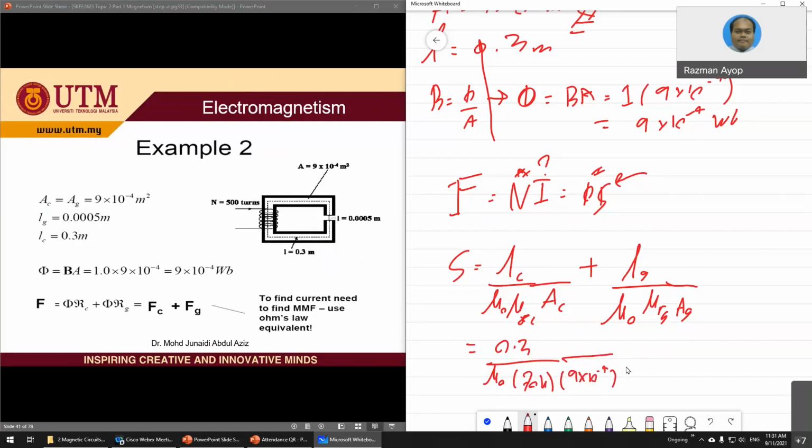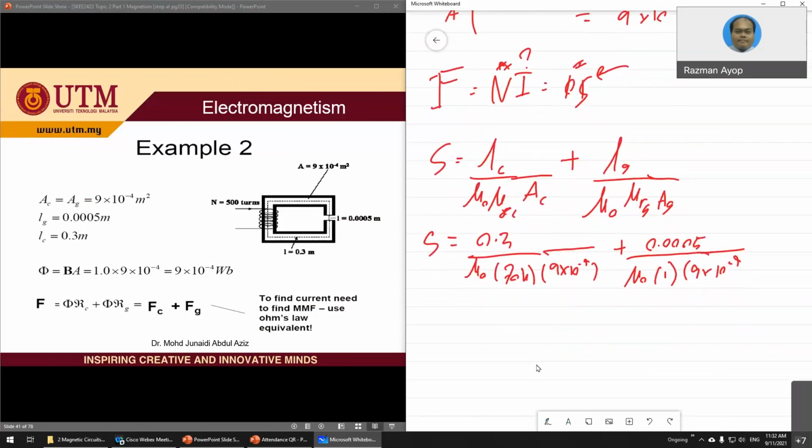And for the gap, the length is 0.0005, very small, but okay, mu naught and mu R is 1. Remember empty space is 1 and the area is the same, 9 multiplied by 10 negative 4. So this is your total reluctance, S total.